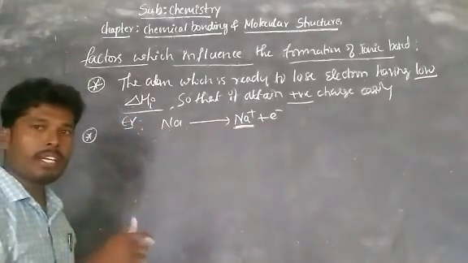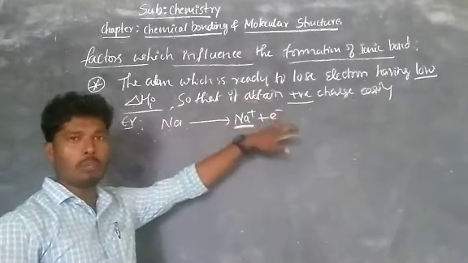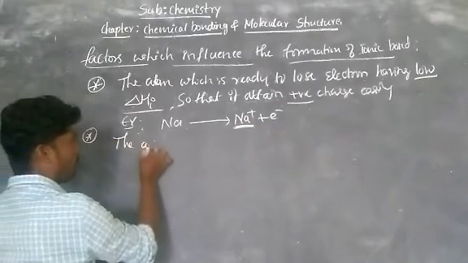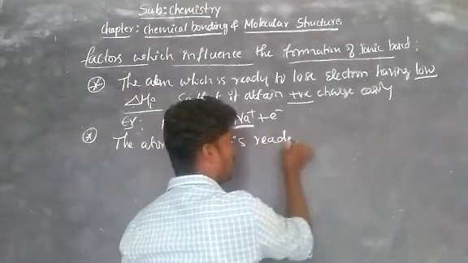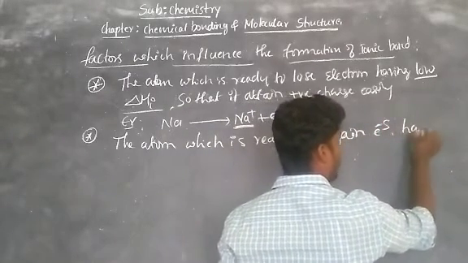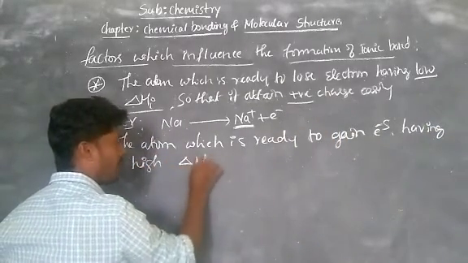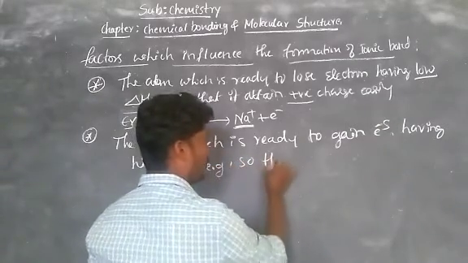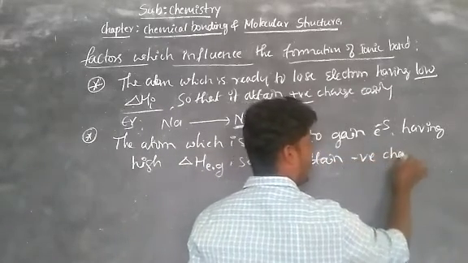The atom which is ready to gain electron has high electron gain enthalpy, that is EG, electron gain enthalpy, so that it attains negative charge easily.